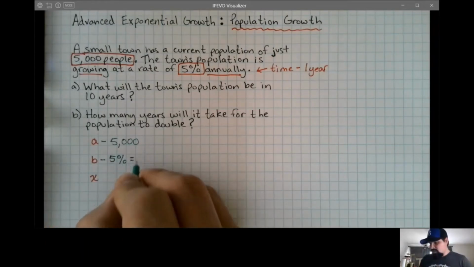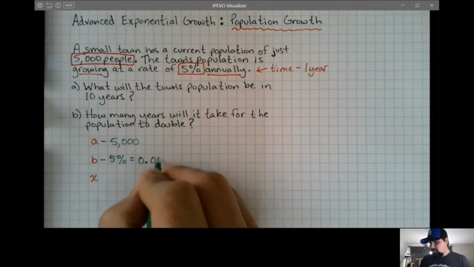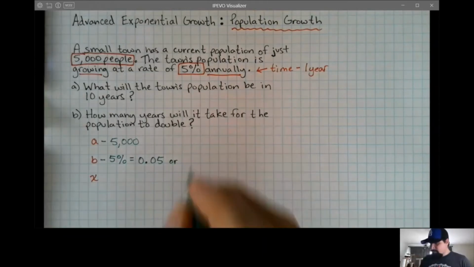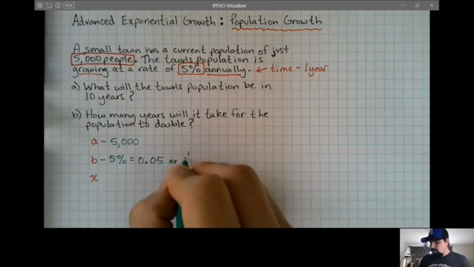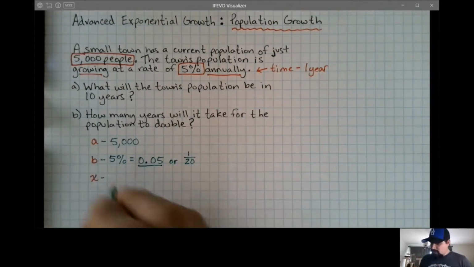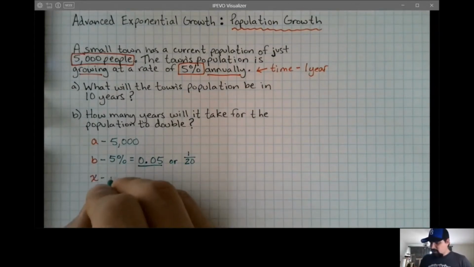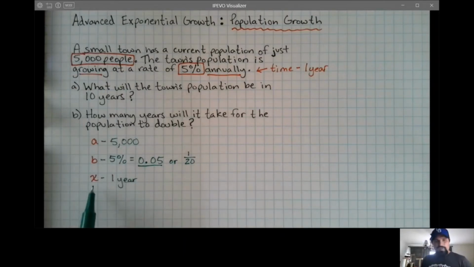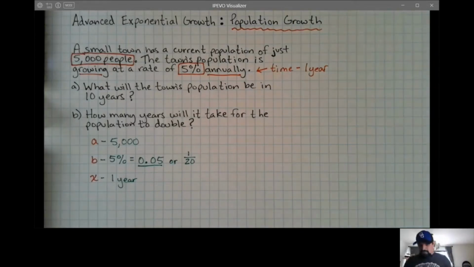And so that is going to be 0.05 as a decimal, or 1/20th as a fraction. In this case, we're going to use the decimal because it's going to be easier to work with. And then X is our time period. That is 1 year. So whatever value we put in as our exponent represents years. All right, so we have that.